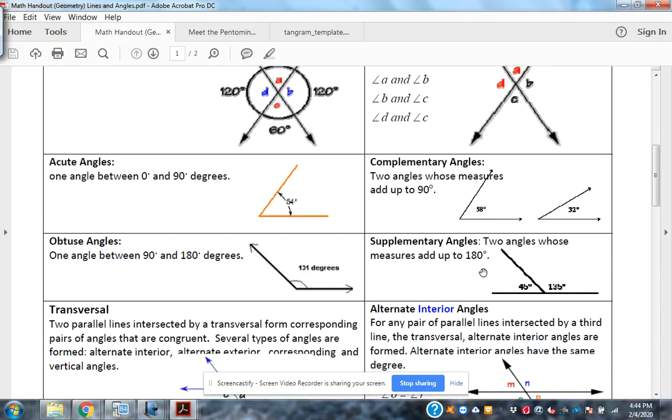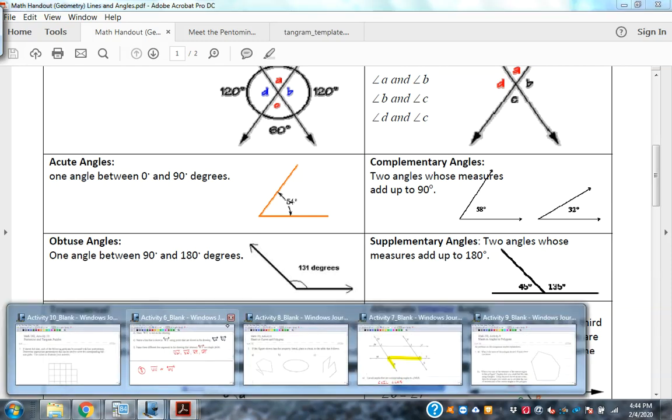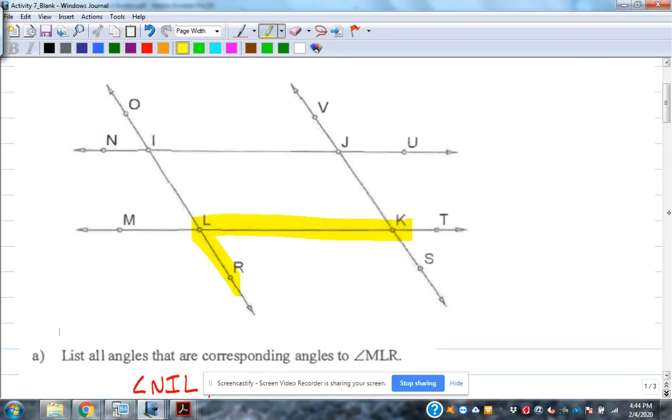So let's try to build that here. Adding to be 180 means you make a straight line, because a straight line has 180 degrees in it. So what angles create a straight line with this one that we have highlighted?